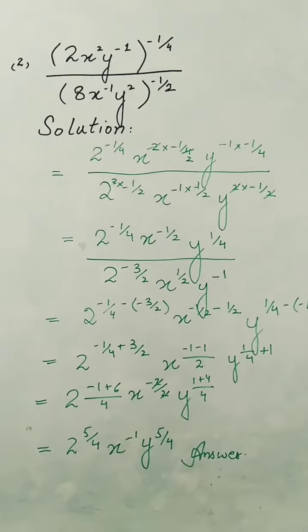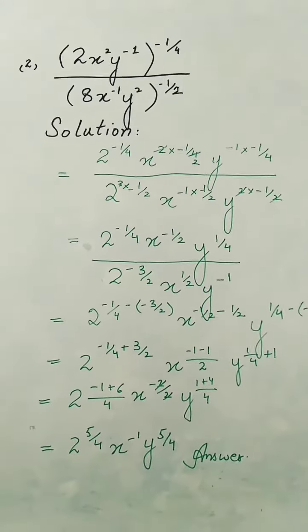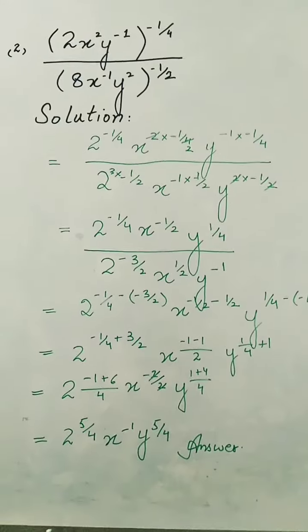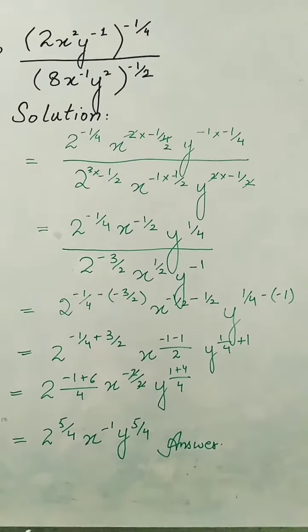Now here we have 2 raised to the power minus 1/4, x^2 multiplied by minus 1/4, y^(-1) multiplied by minus 1/4. We have multiplied the whole power with this expression.